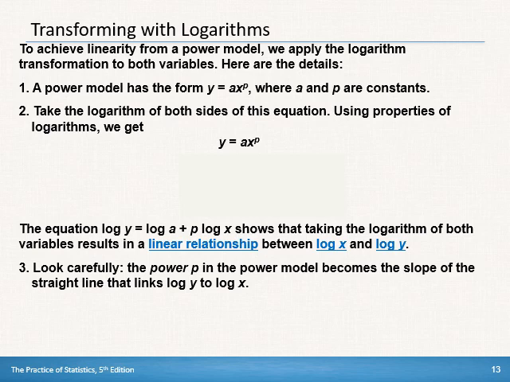So if we look at the power model, we're going to use logarithms here and sort of establish that there is a linear relationship between logarithms. If we can straighten out the data using logarithms, then we can predict that we have a power model. All right, and then we can go back and try some things.